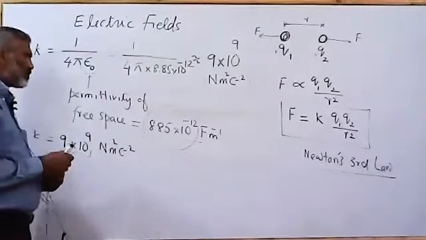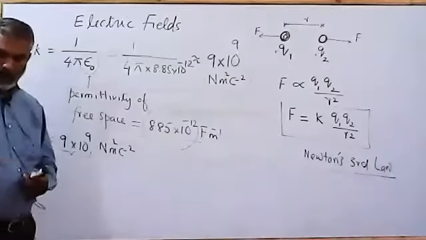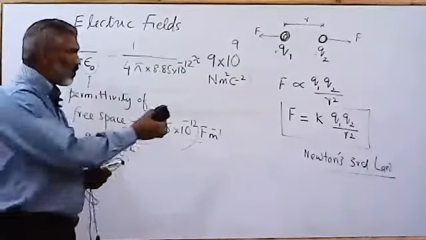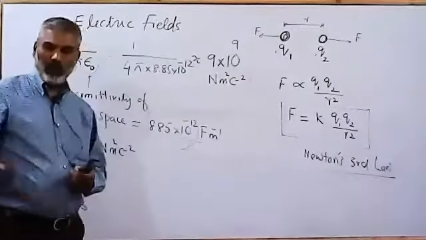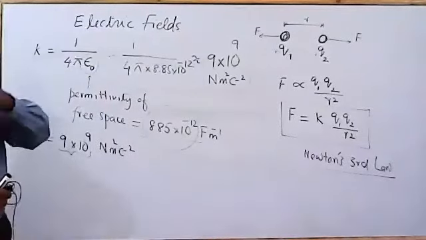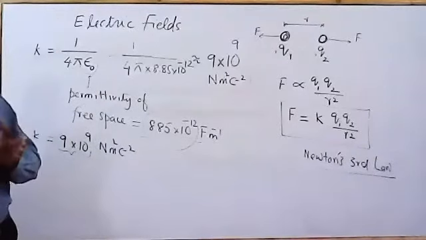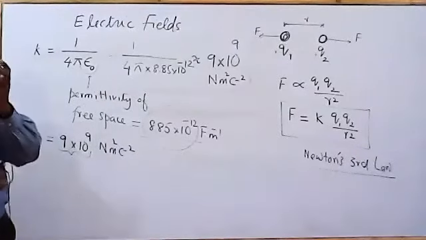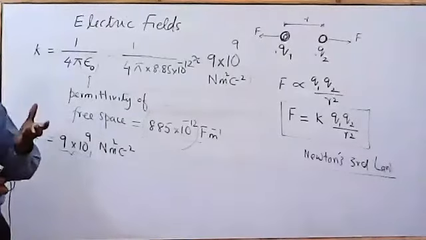Let's see how we use this formula to calculate the force that a proton exerts on an electron when they are very, very close to each other in a hydrogen atom, for example.